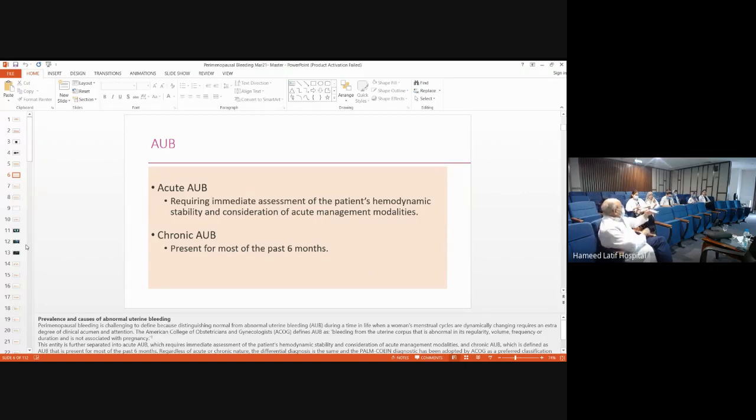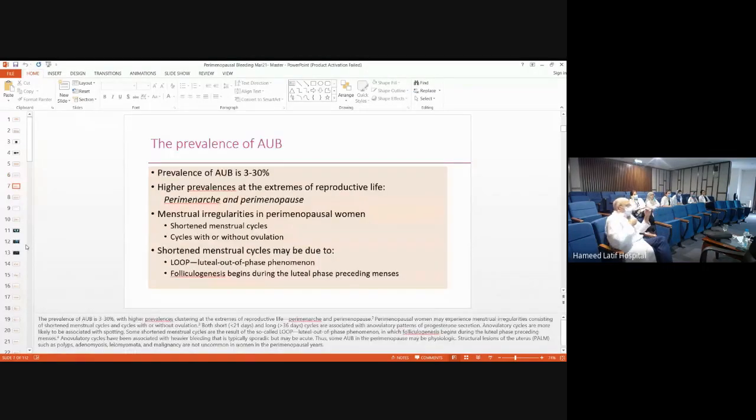This is not the labeling of the condition, but this is the presentation. So in that phase, you can say that she has an acute episode of abnormal uterine bleeding. Or you would say that there has been abnormal uterine bleeding for some time. So not necessarily that you will label acute or chronic.